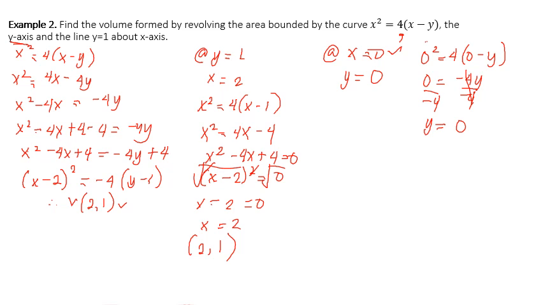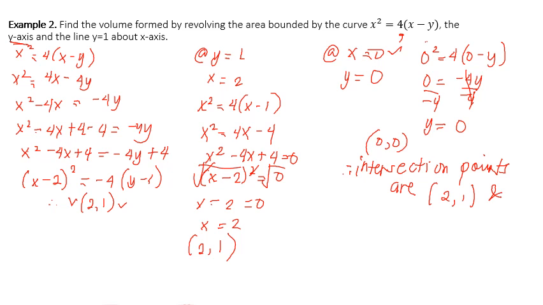Therefore, another intersection point is (0, 0). So the intersection points by the given problem statement are (2, 1) and (0, 0). So we do have the details of our graph.